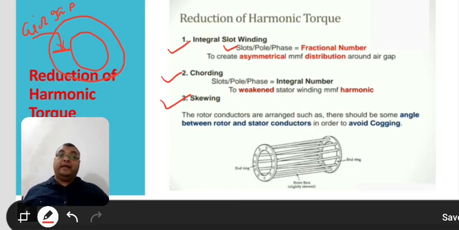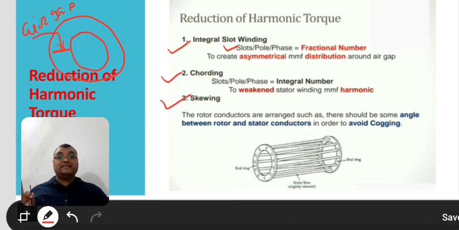If the slots per pole per phase is equal to a fractional number, then there is an asymmetrical MMF distribution around this air gap. So the number of stator slots per pole per phase should be a fractional number. That's what we need to understand. Okay, I hope you understand this.